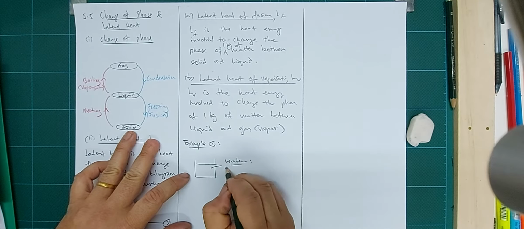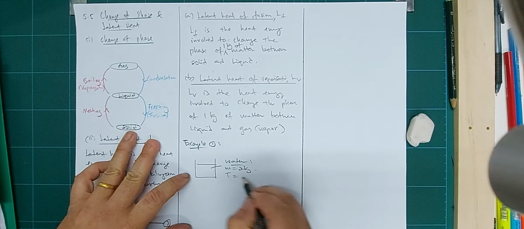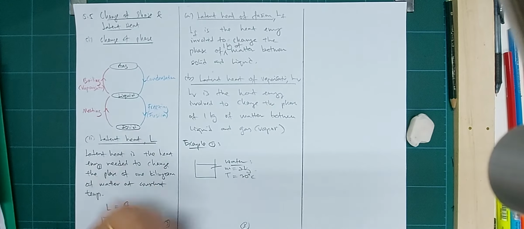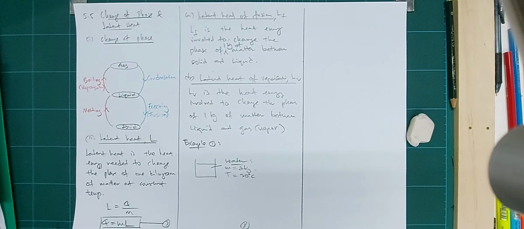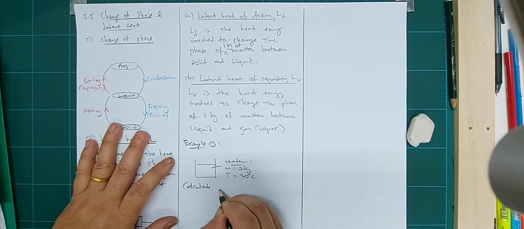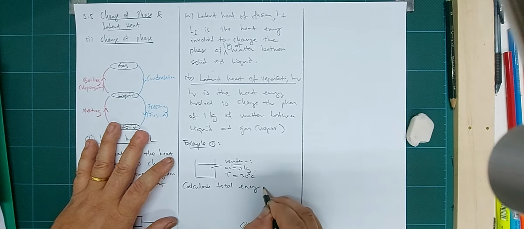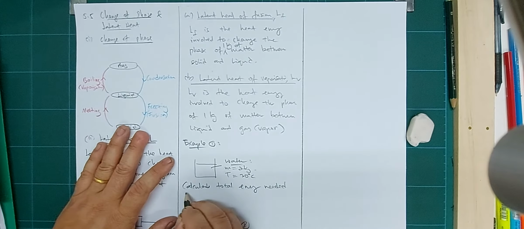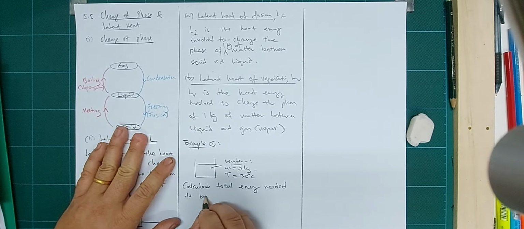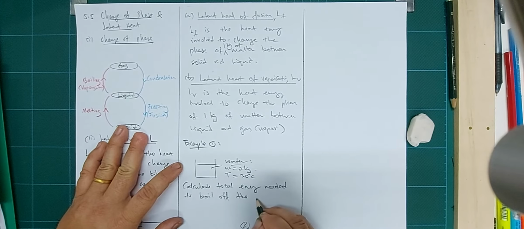This water has a mass of, let's say, 2 kilograms at a room temperature of, let's say, 30 degrees Celsius. Okay, so now the question is: calculate the total energy needed to boil off the water.